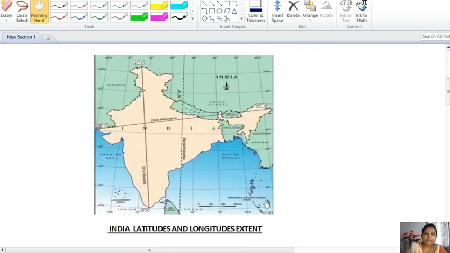Here we come across, in the southern part, the Andaman and Nicobar Islands. This is the important imaginary line which is drawn in the center part of India. It is also called the Tropic of Cancer, and it passes through the center part of India.